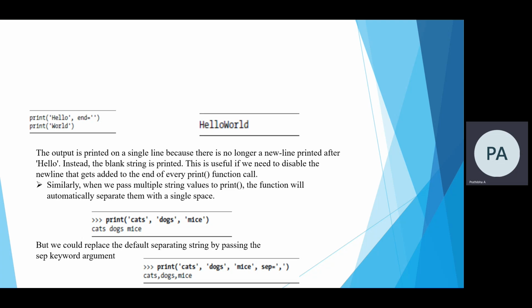When I want to separate the strings, we have to use a keyword called sep. For that, you pass in quotes whatever is needed for separating, usually a comma. And end='', if you give an empty string, you are going to remove the newline character, and both strings will be on a single line.